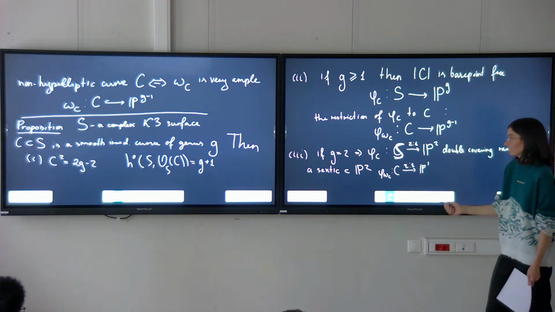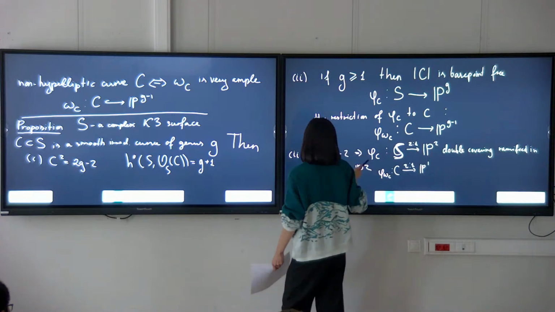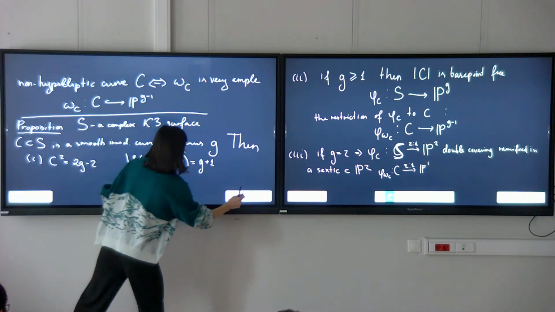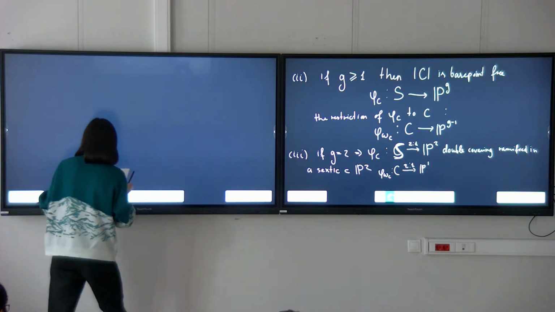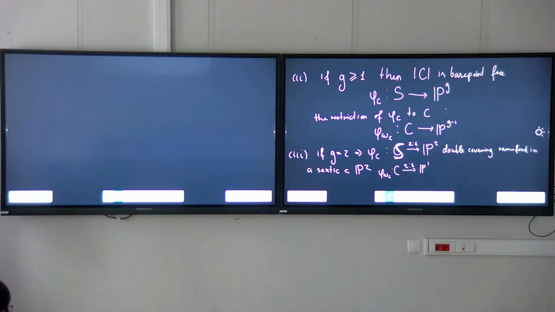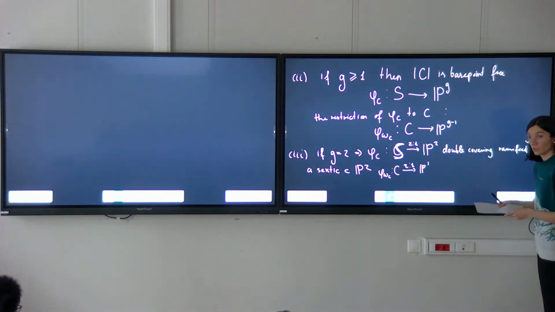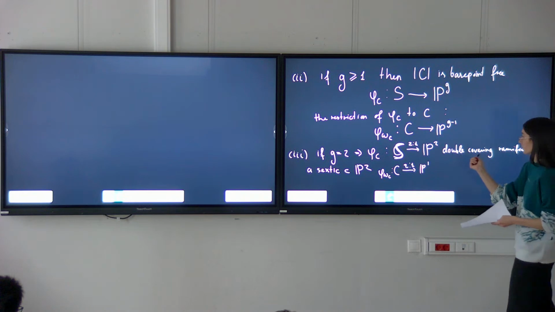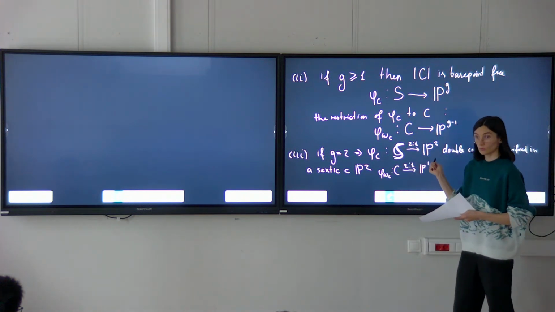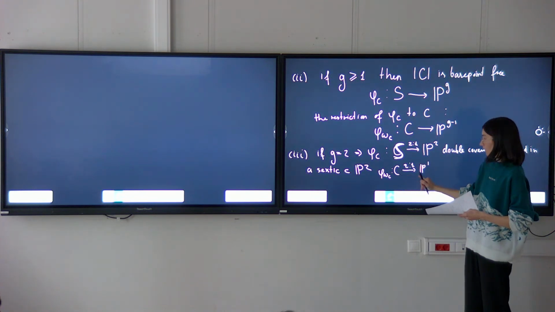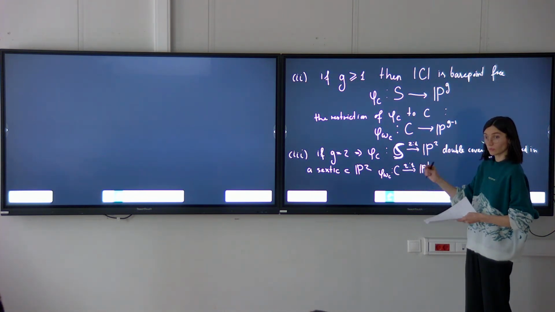In 6 points. And we will obtain this statement from this. So this is a double covering ramified in a sextic curve in P2, and if we restrict it to the hyperelliptic curve, we obtain a double covering of P1 ramified in 6 points.